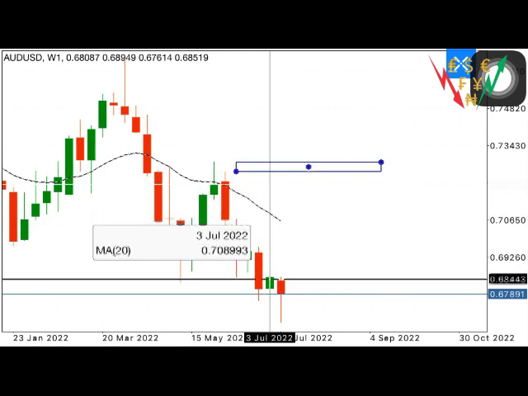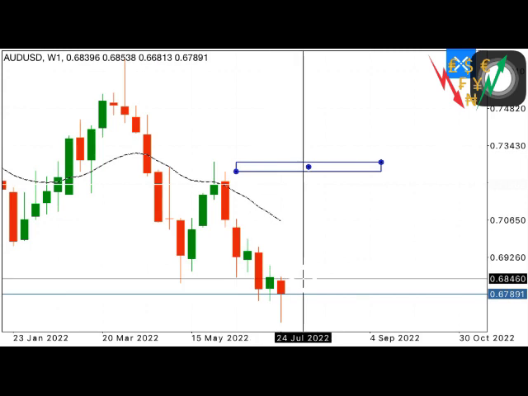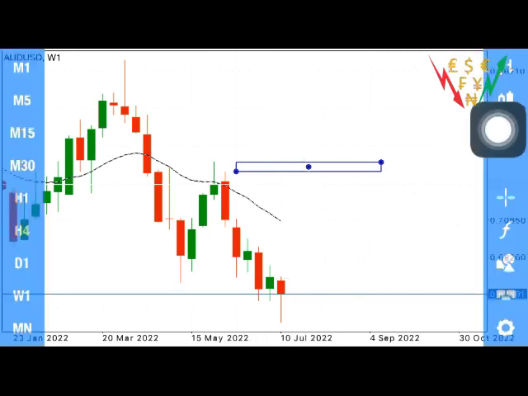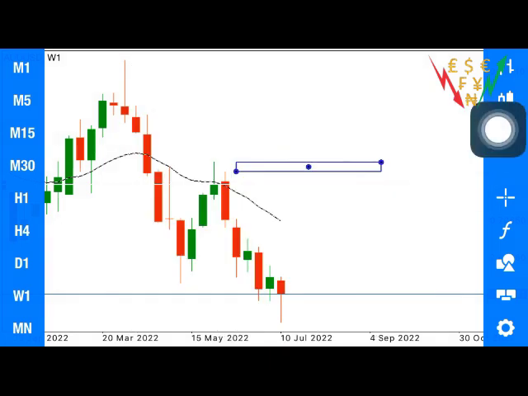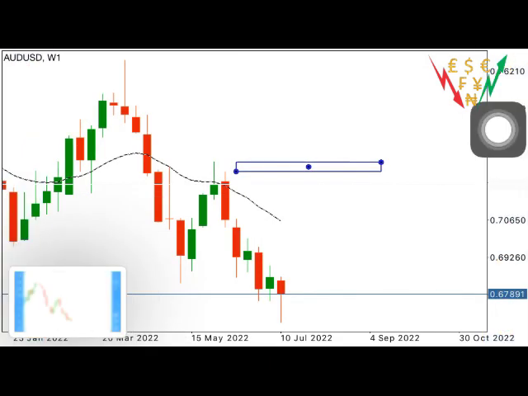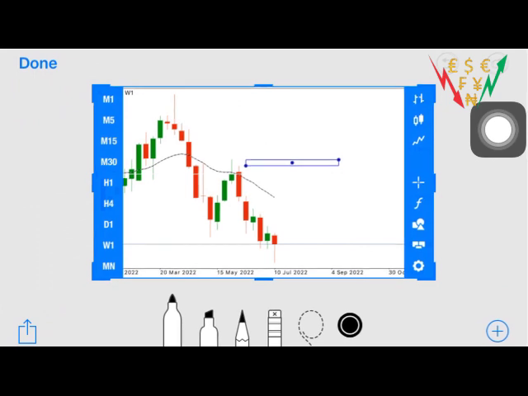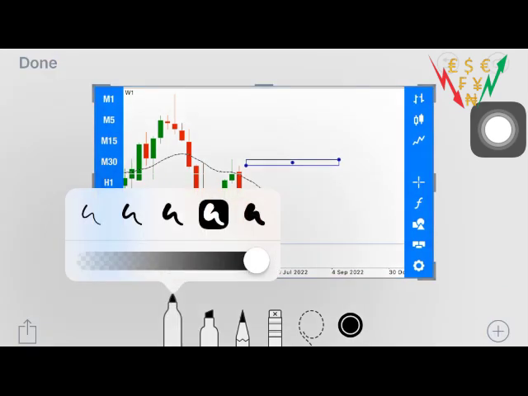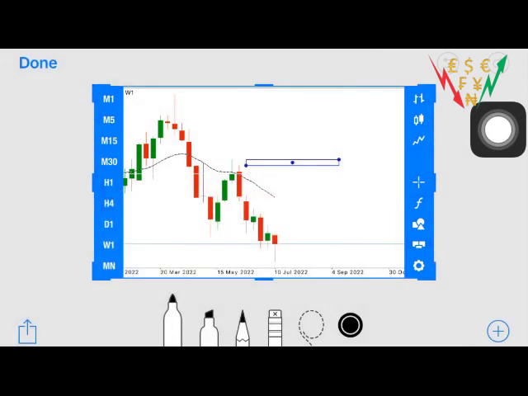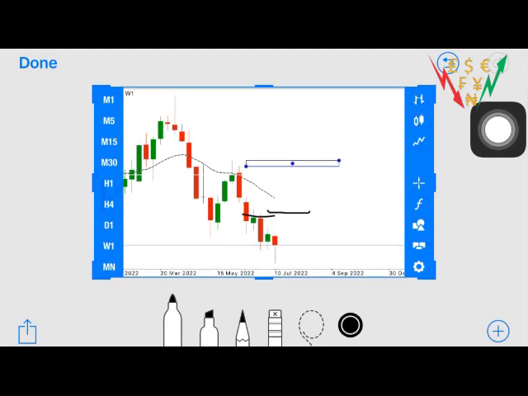What we see here was that the market structure, if we're to break this into fractals, the market has broken this support level right here on the weekly chart. If we want to range, this is what we have on the big range here. This is a range, and this is also a range. Let me screenshot it to see what I'll have. This is what I want to highlight here.